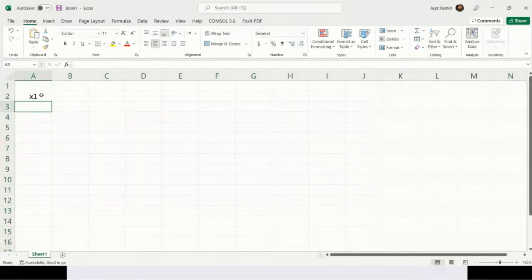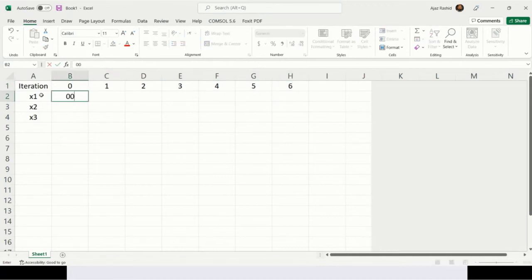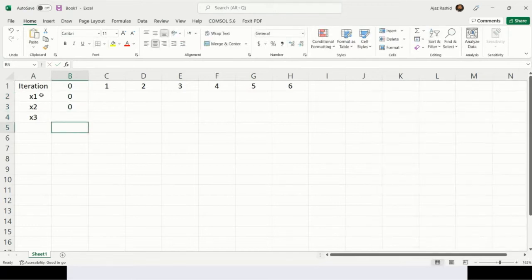So I have x1, x2, x3. I have iteration number 0, that's the initial guess, then 1, 2, 3, 4, 5, 6. Okay, I'll go up to 6 iterations. We started with 0, 0, 0.